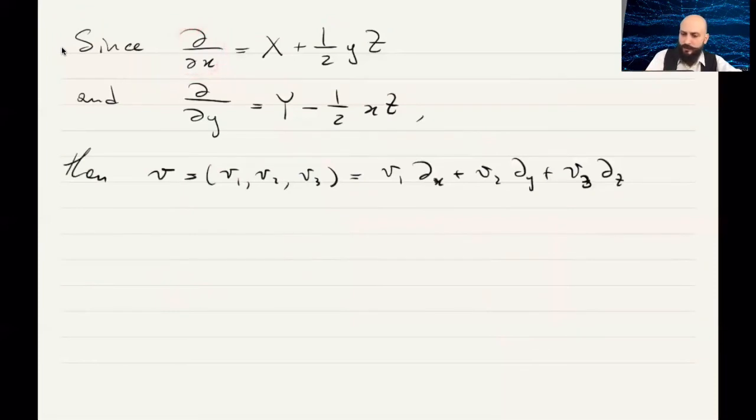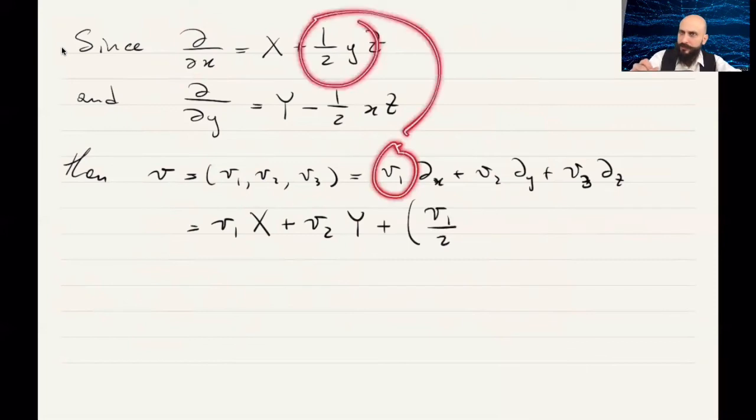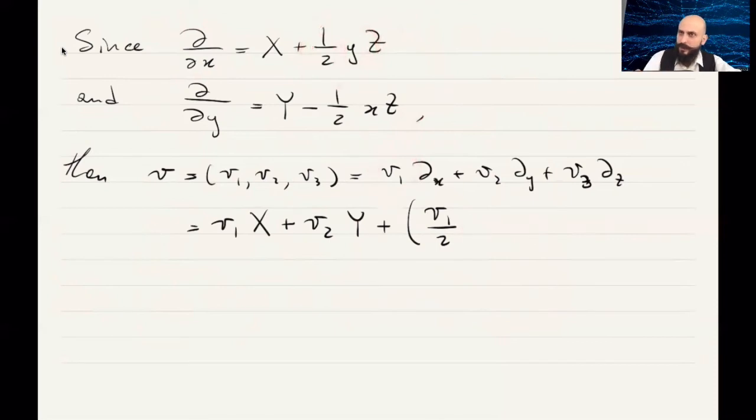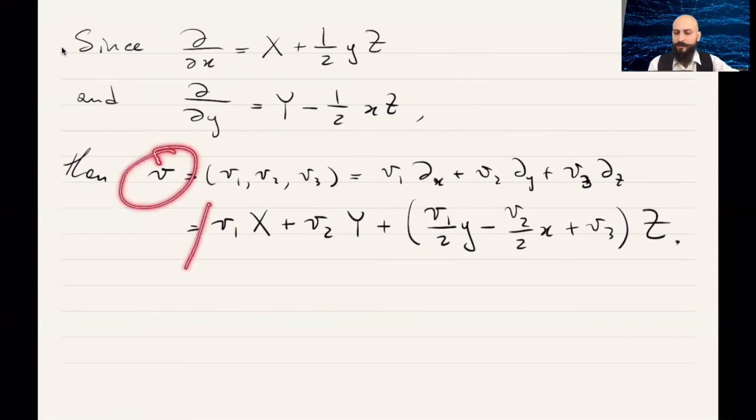Then we can substitute and get that this is v1 X plus v2 Y plus, now there is v1 times 1/2 y, then minus v2 over 2 x, plus v3 Z. So what we have done is write every vector in R3 as a linear combination of X, Y, Z, right?